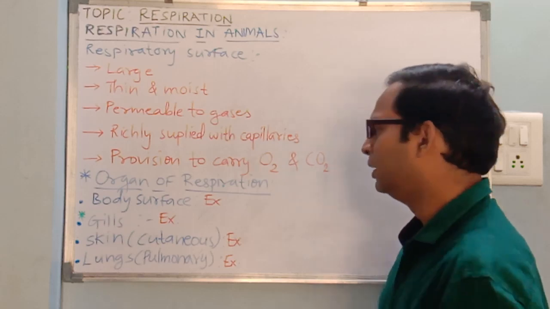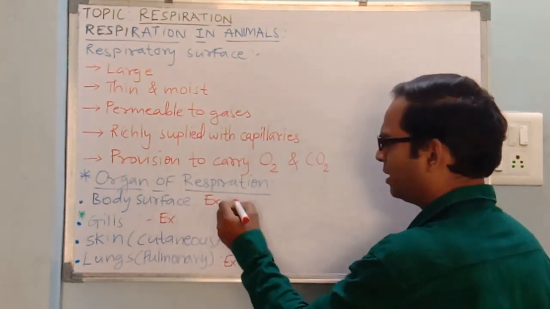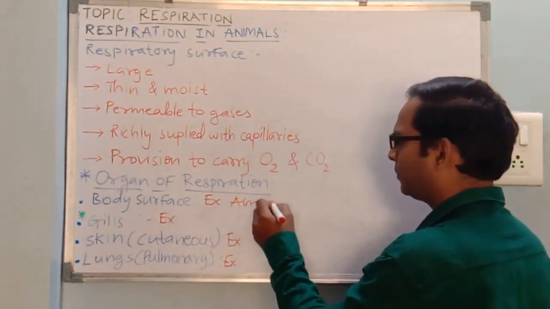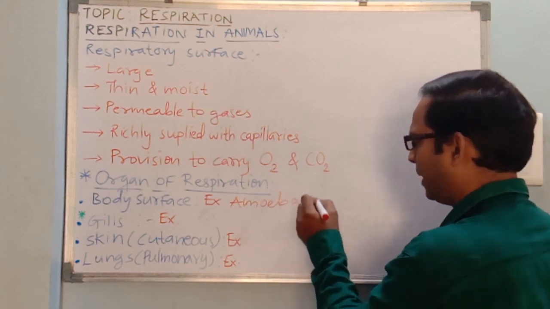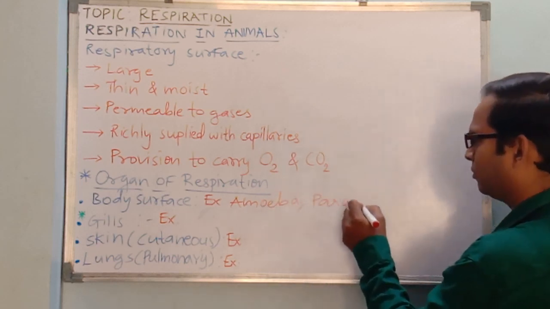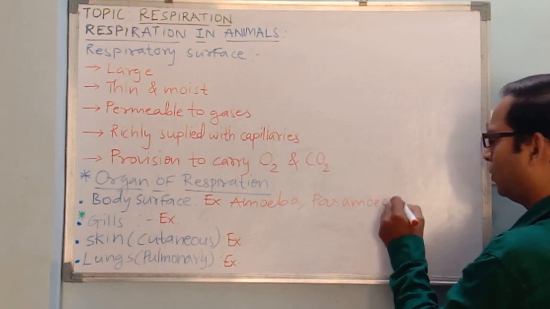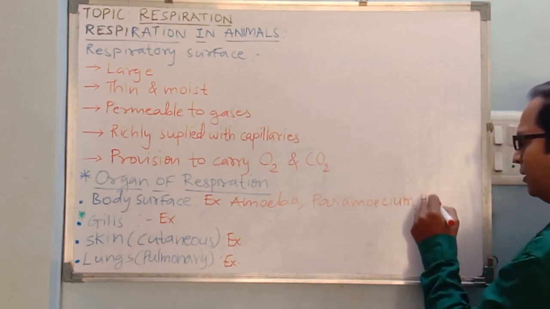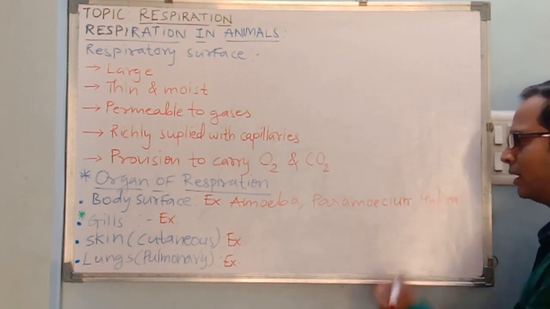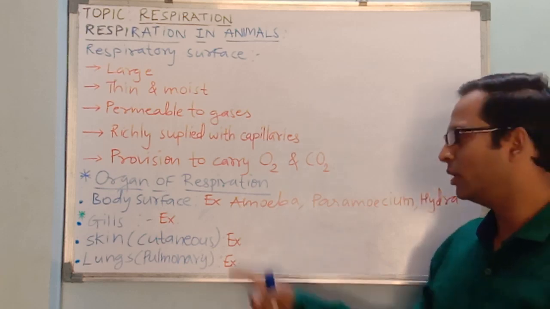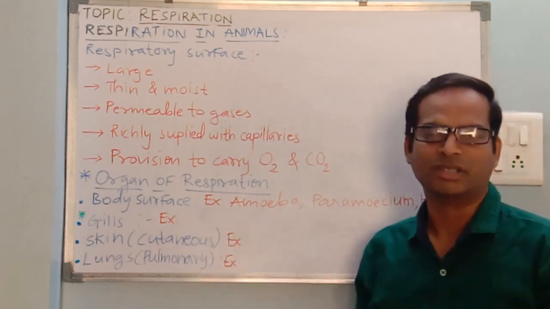So we can call it simply the body surface. For example, amoeba or paramecium, or it could be hydra. They don't have any particular organ for respiration, so they respire through the body surface.